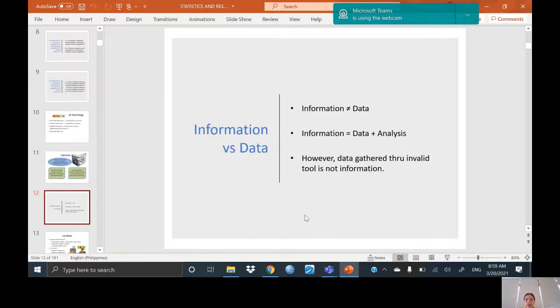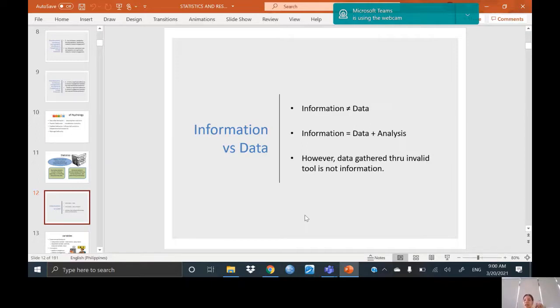Do you think the bathroom scale is the appropriate tool to use to measure height? No, it is not. Of course, height can be measured by what? Tape measure, a yardstick. Yes, that's right. But never can you use a weighing scale to measure height. That is not a valid tool. A valid tool may be a yardstick or a tape measure.